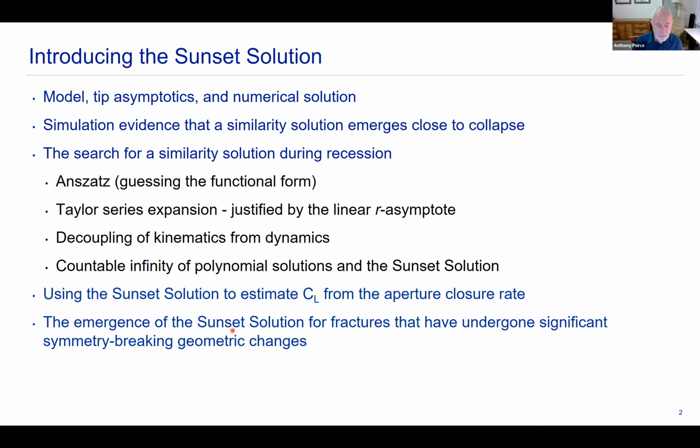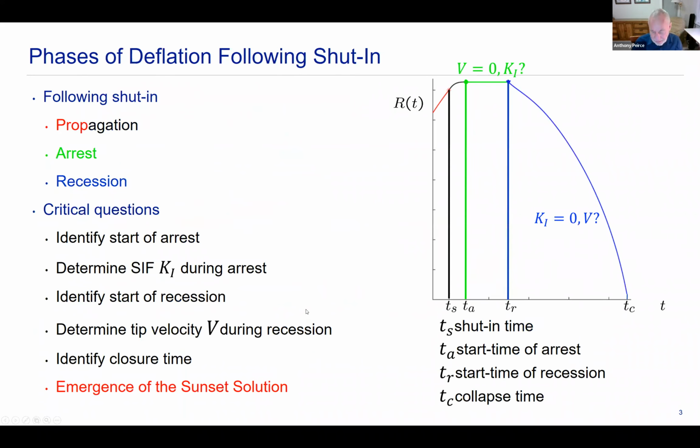Though we did our results for a plane strain, radial fracture, we have also discovered that this is actually quite ubiquitous. It occurs even for fractures that have a history of undergoing quite big symmetry breaking geometric changes.